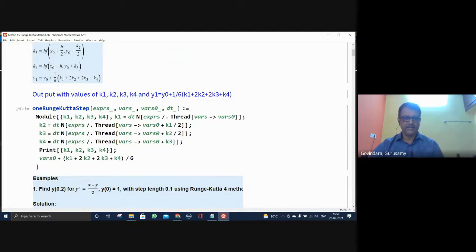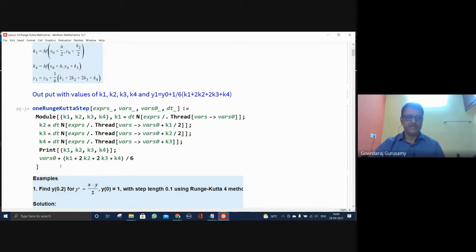Then you have a small module where you find k1 as dt times this to start with. K2 is threaded with the variation, which is plus k1 by 2. The threading takes care of taking the previous one to the present one. We define this as k1, k2, k3, k4 and print it and get it.